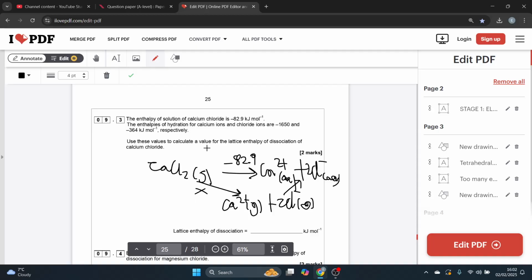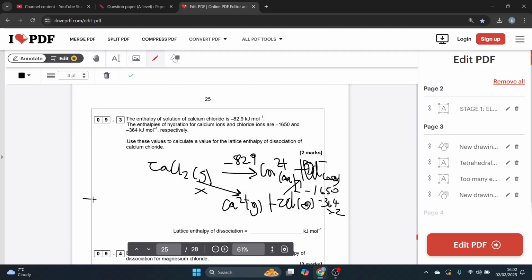Say that's X. Hydration of calcium ions minus 1650. Hydration of chloride ions minus 364 respectively. But think about chloride ions, I've got 2 moles, so I need to times it by 2.